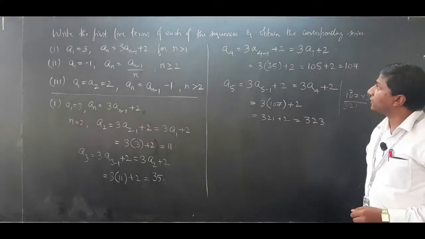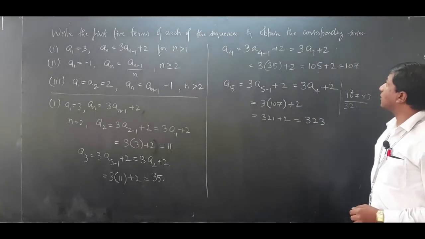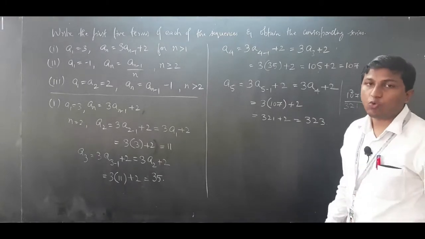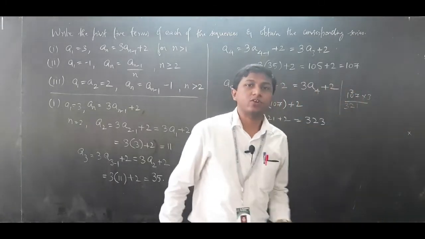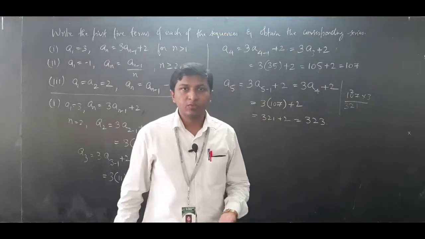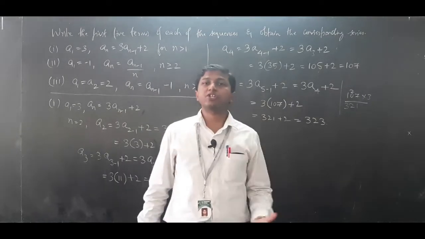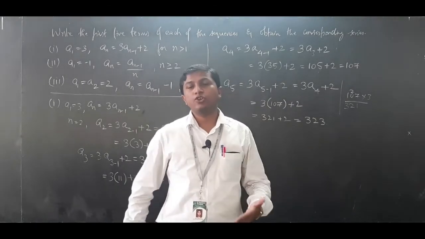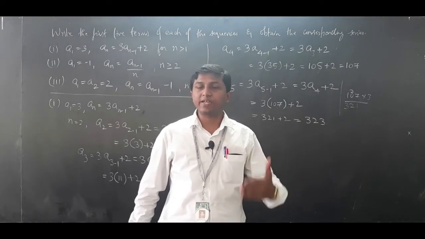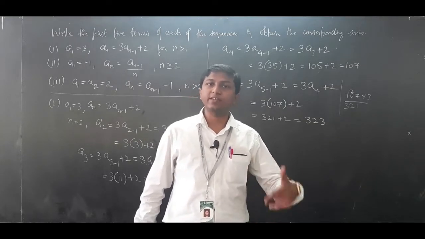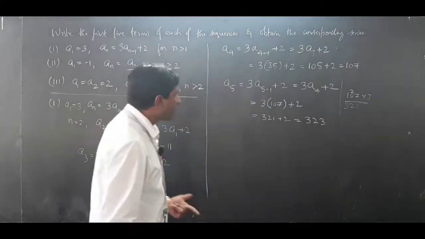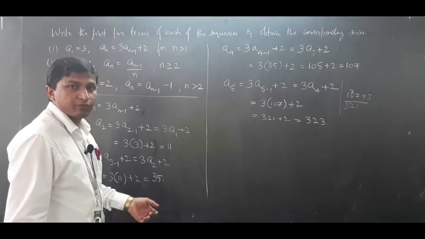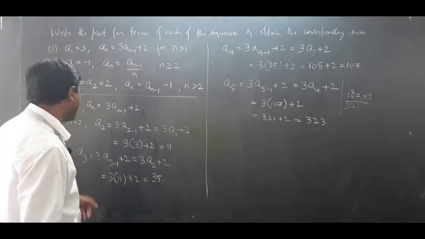Now what else should we do? We have to obtain the corresponding series. So what is a series? Just recall what a series is. It is nothing but the expression wherein you remove the commas in a sequence and replace them with plus signs. First of all, we'll write the sequence here.